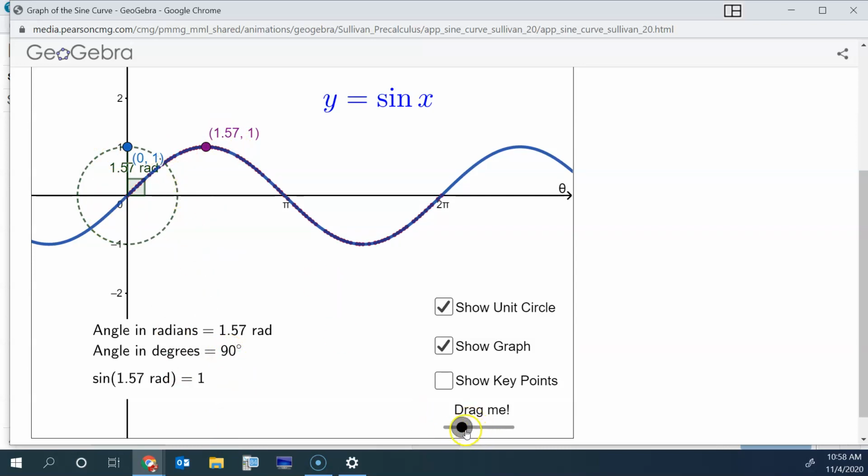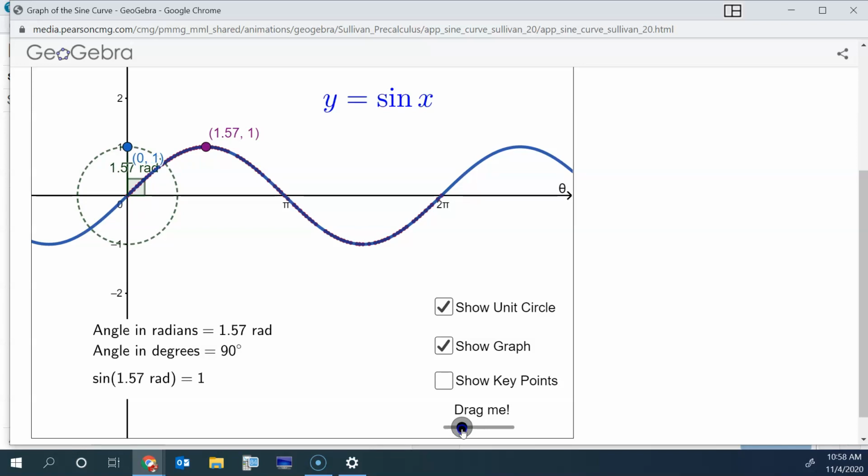So as you start at 0, if you go from 0 to pi over 2, what does the y coordinate do? So the y coordinate, here's the y coordinate, I'm pointing at it. Now as I drag that blue dot up to pi over 2, what did the y coordinate increase to?